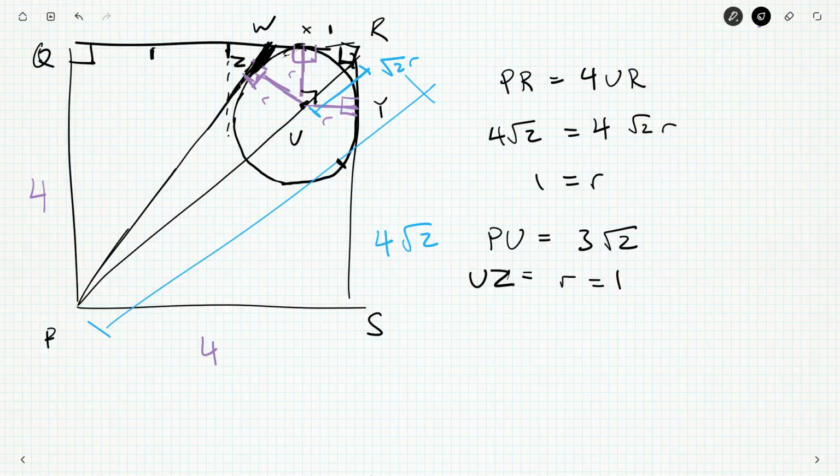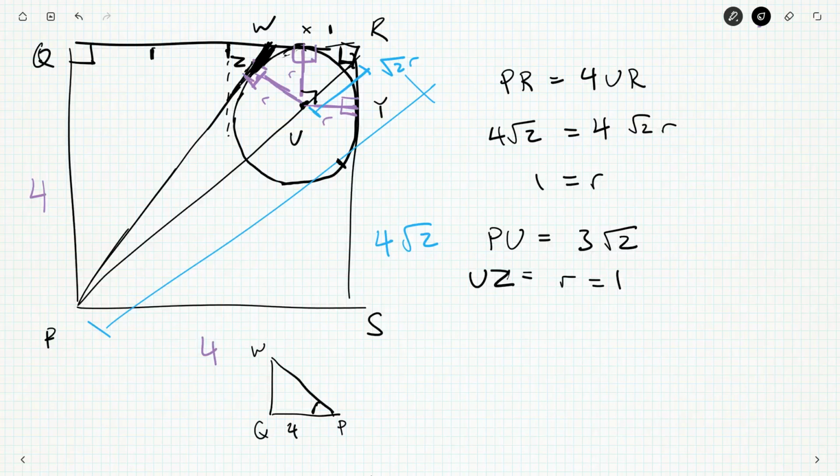Okay. It's like I can't figure out WX. But what if we used a little trig, and maybe that's why it's asking for the nearest thousandth, because maybe we have to use a little trig. So we've got P, Q, W. There's a 4 here.